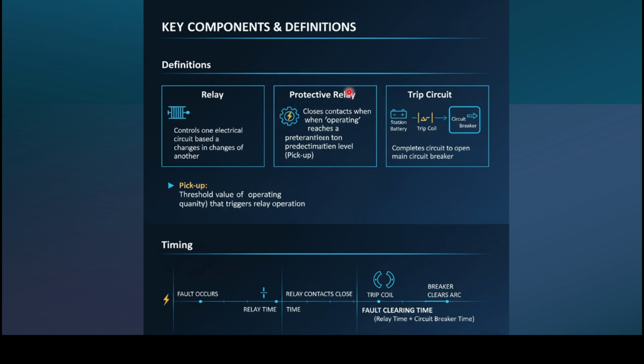When the protective relay detects this value, it will give a signal to the circuit breaker component. So this is a trip circuit, as we explained first.